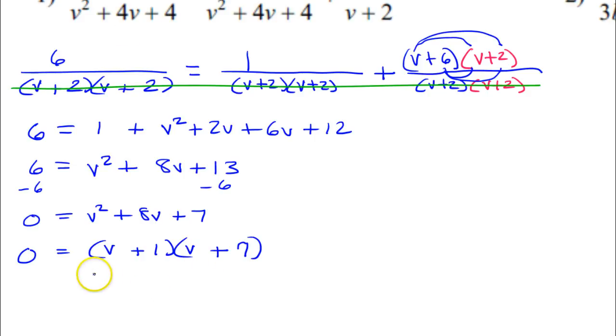Now I will set these two factors equal to 0 to get my solutions. So I have v equals negative 1 and v equals negative 7.